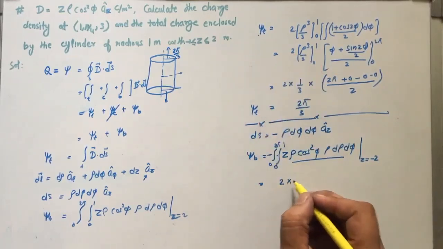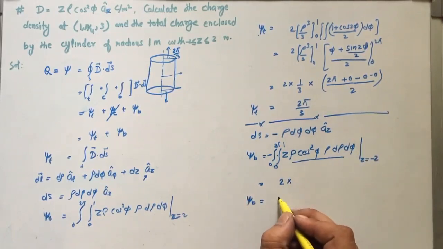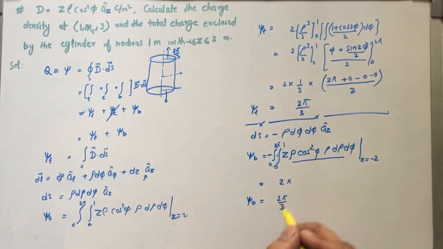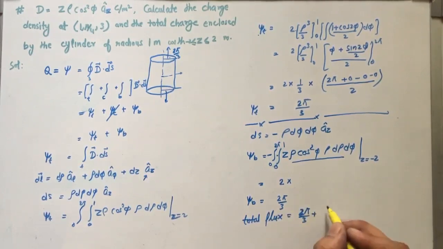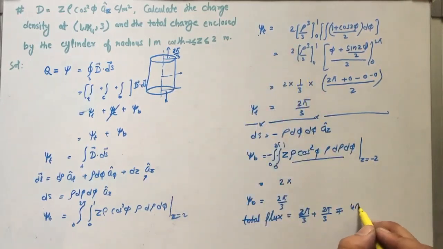So plus 2 times the same quantity, so the flux at the bottom will again be 2 pi by 3. So the total flux will be 2 pi by 3 for the top, 2 pi by 3 for the bottom, and plus 0 due to the curved surface, and including all it will be 4 pi by 3.